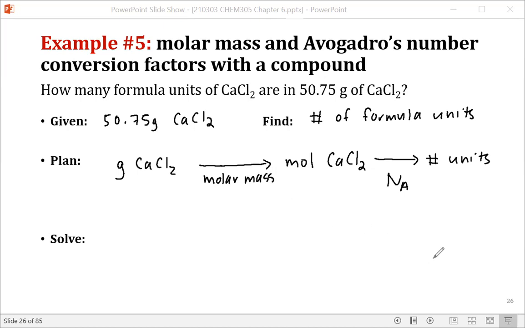So for calcium chloride, the molar mass is the mass of calcium, 40.08, plus 2 chlorides, 35.45 times 2. And I get 110.98.